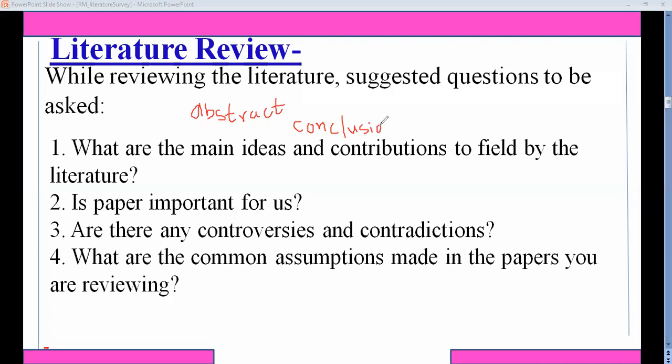Then you try to read the paper and understand what the main idea is, and what its contribution to the field is. Suppose there is a paper on heat transfer enhancement by ribs.